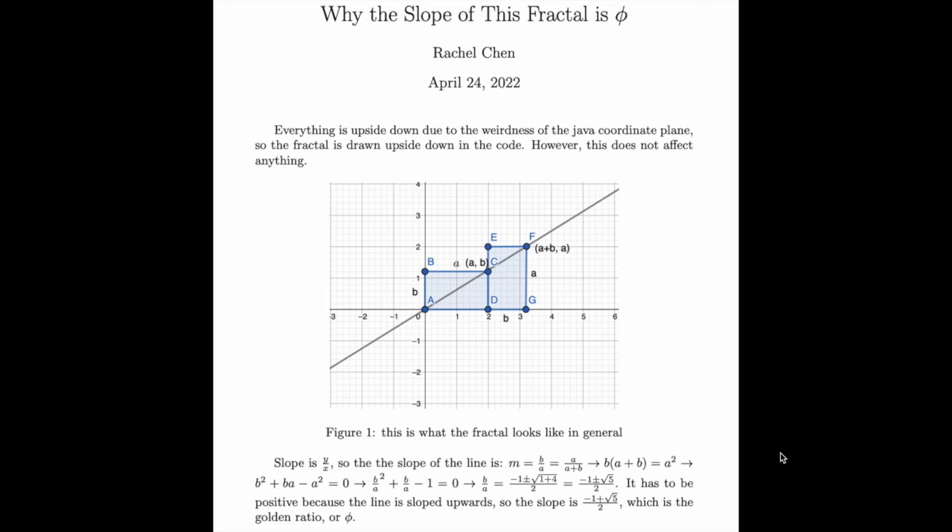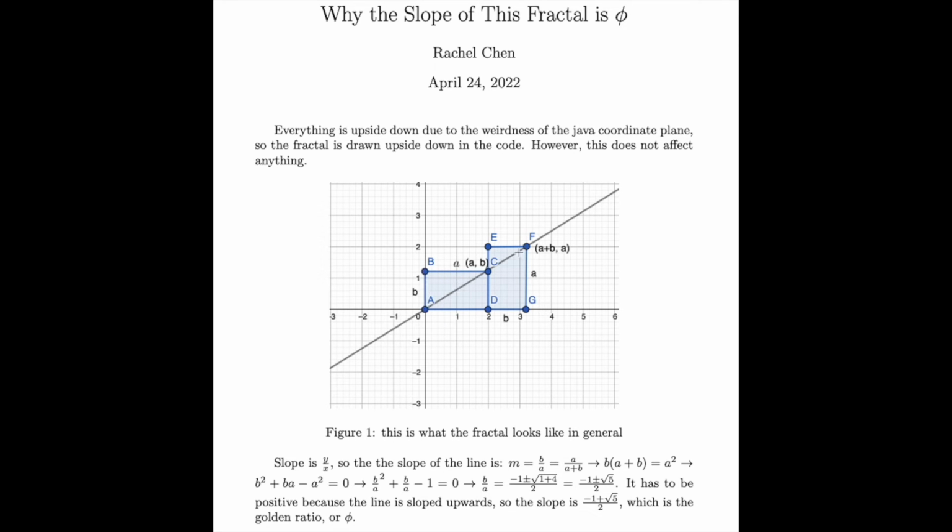So here is why the slope of this fractal approaches the golden ratio, or phi. Slope is y over x. So the slope of this line, in this diagram, is b over a using the coordinate system, because this line has length a and this line has length b.